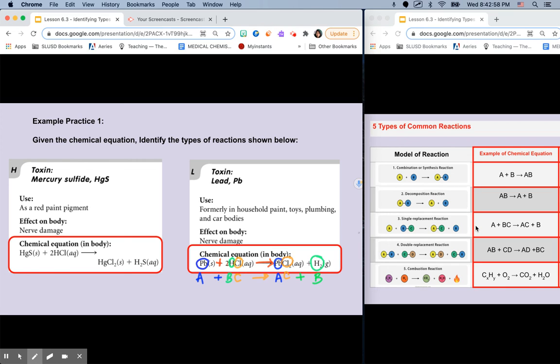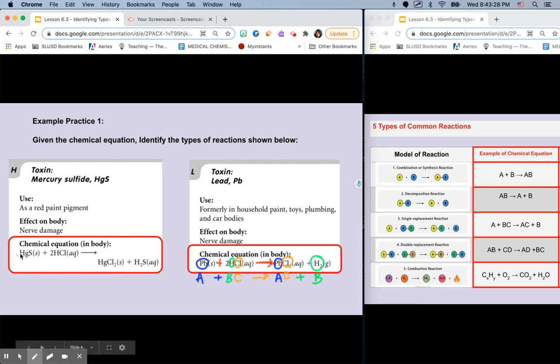If I see two elements with the plus sign on both sides, or two pairs of elements, I'm probably looking at a double replacement. And if my product is always CO2 and H2O, I'm definitely looking at a combustion. If I only see one plus sign, either before the arrow or after the arrow, I'm probably looking at a combination or a synthesis reaction, right?